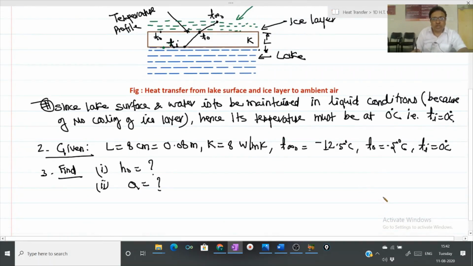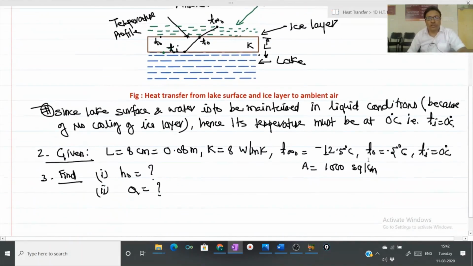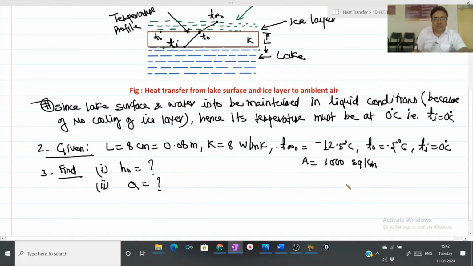We are supposed to calculate it per square kilometer of the lake surface area.